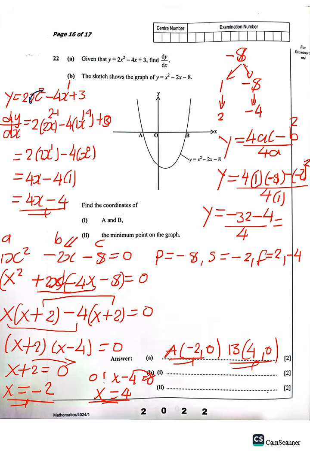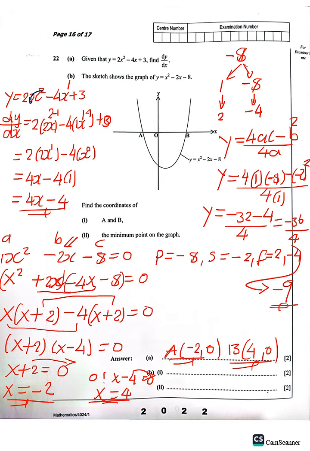So negative 32 minus 4 is negative 36 over 4. So 4 into negative 36 is negative 9.